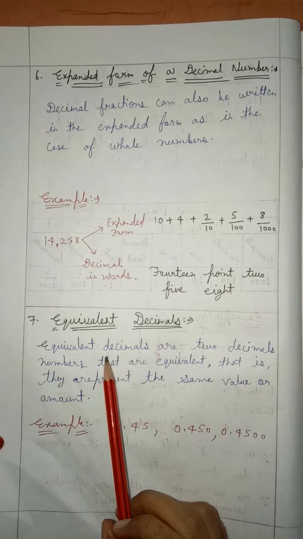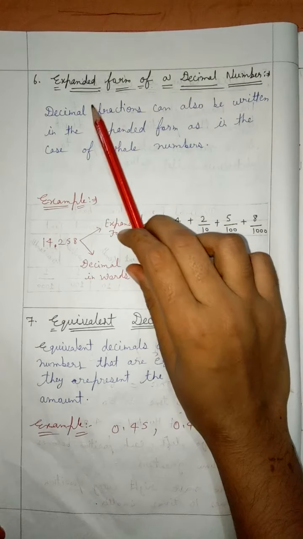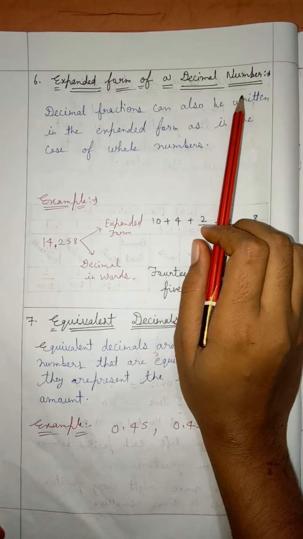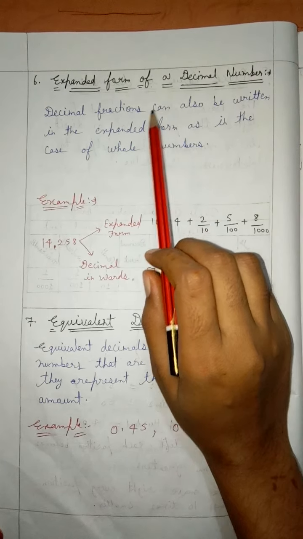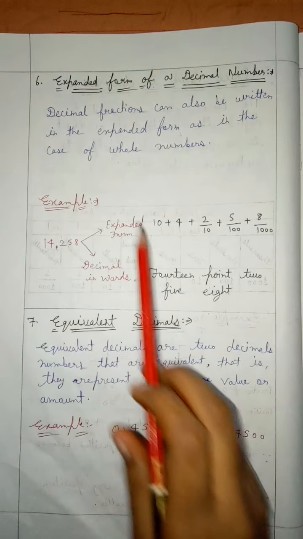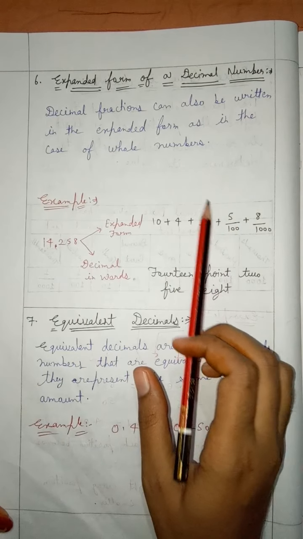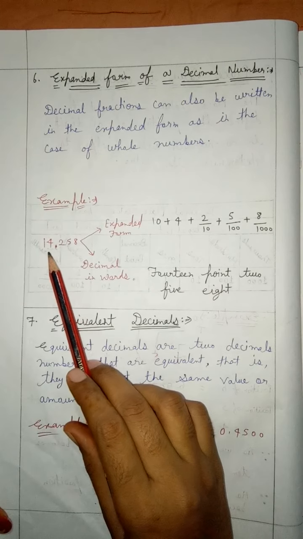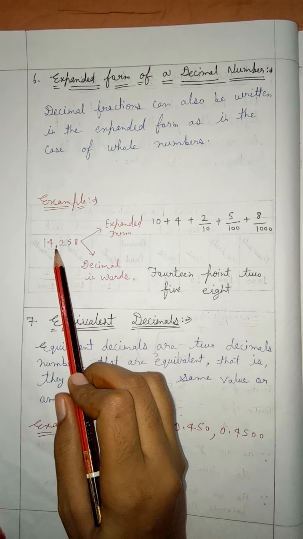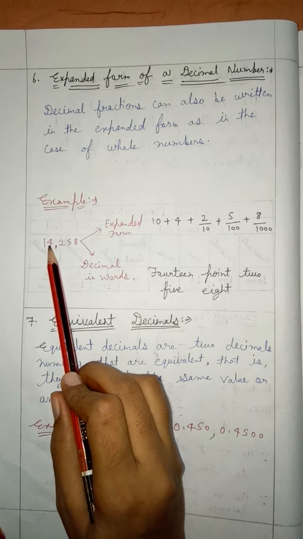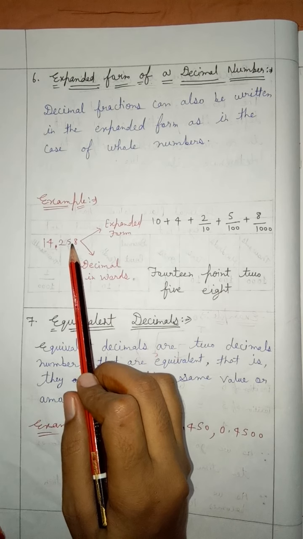Now the topic is expanded form of decimal numbers. How can we convert a decimal number into expanded form? To convert a decimal number into expanded form, you have to learn the place value chart that I have explained. With the help of the place value chart, you can convert decimal numbers into expanded form. The number given here is 14.258, and I told you that on the left side of the decimal the value is 10 times greater, and on the right side of the decimal the value is 10 times smaller.